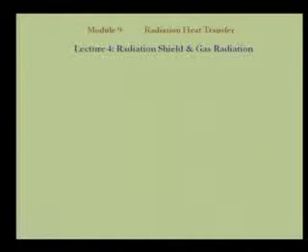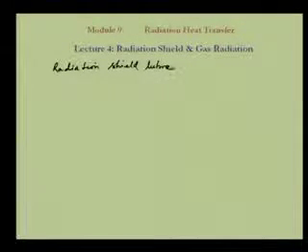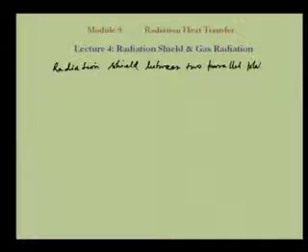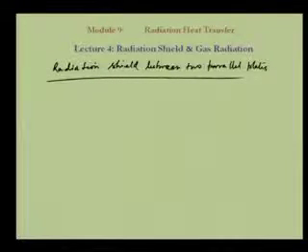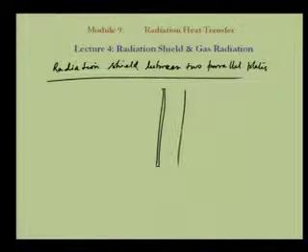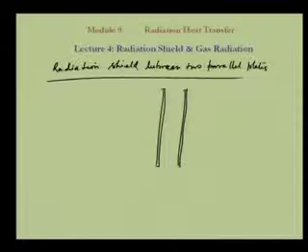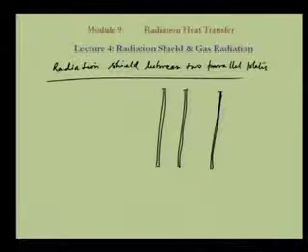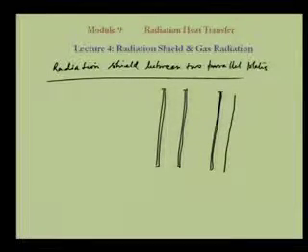Now, let us see how it works. For example, let us say a radiation shield between 2 parallel plates. The first case is 2 parallel plates, and in the second case, between the two plates, a shield material is added.